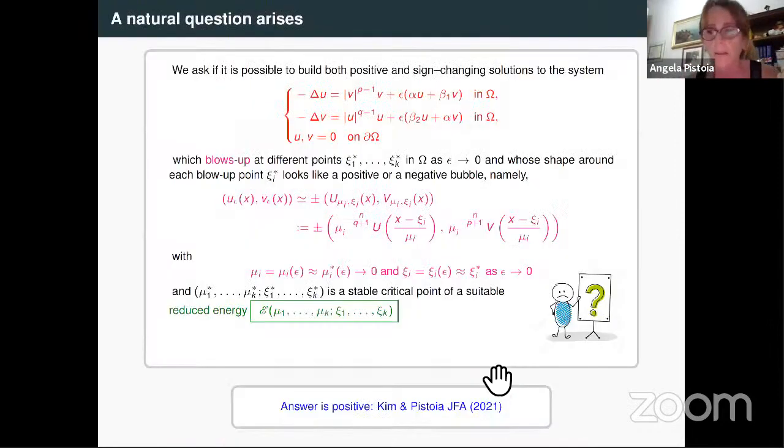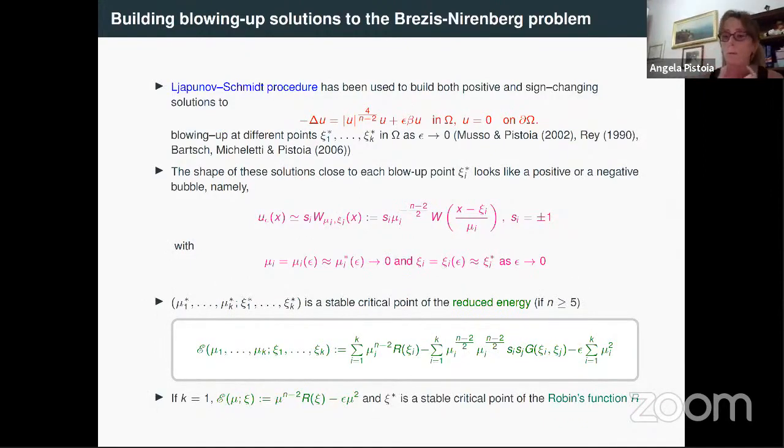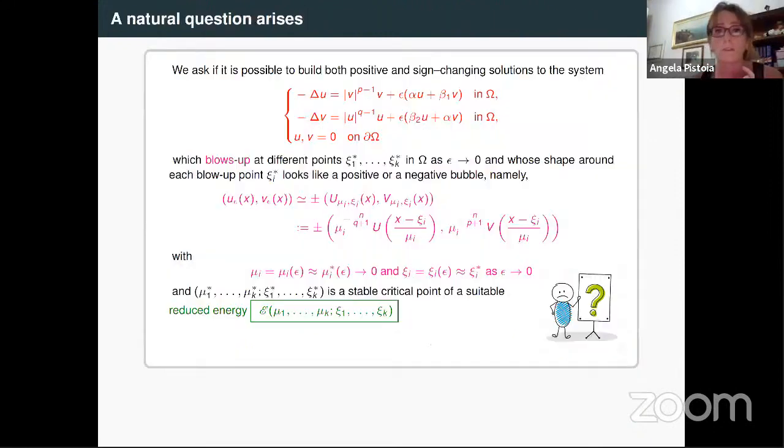Sorry, I want to come back to the case of the Brezis-Nirenberg problem. This is the reduced energy in the case of a single blow-up point, okay? And what we did for the system is something similar.